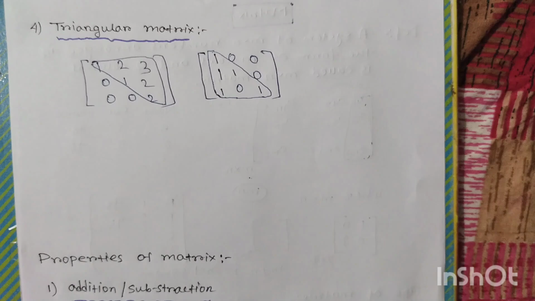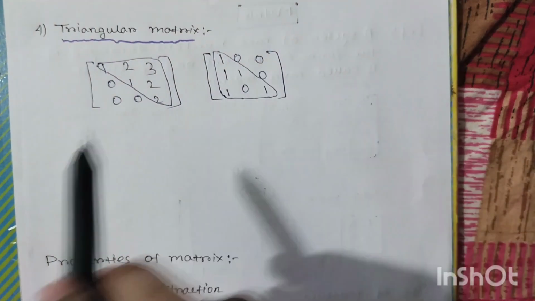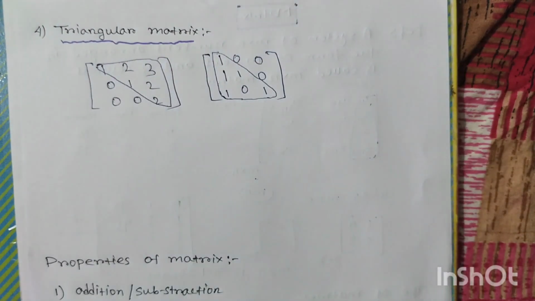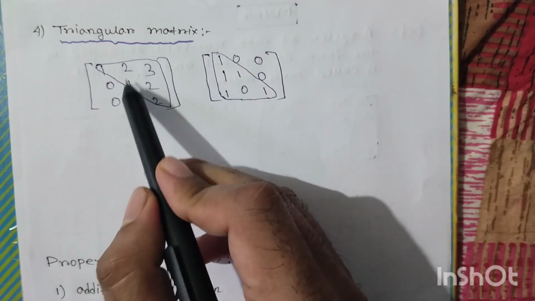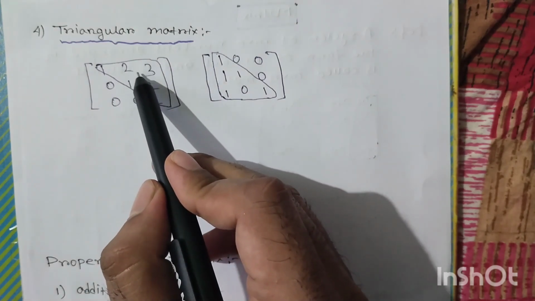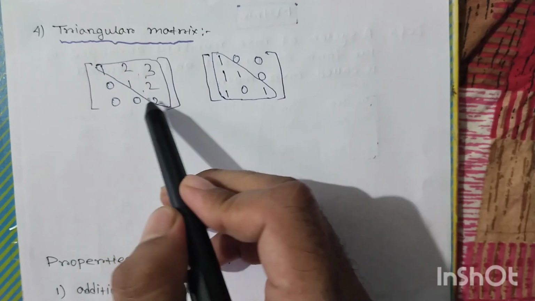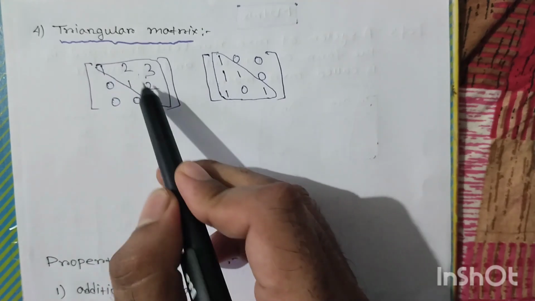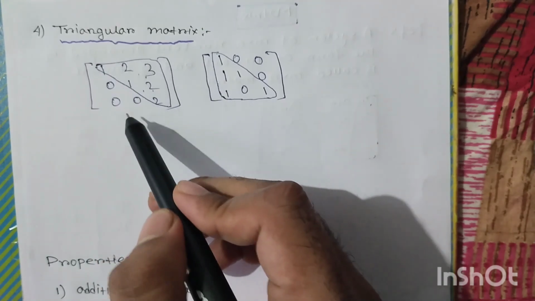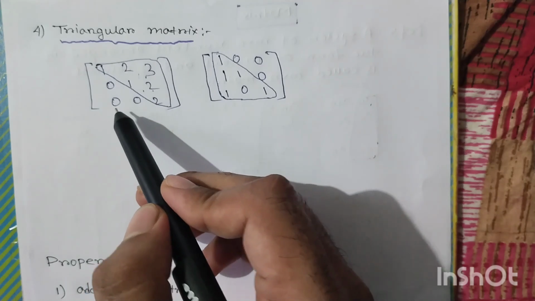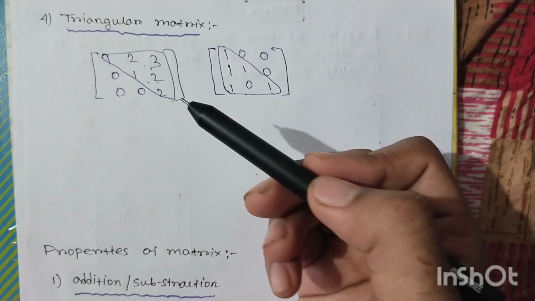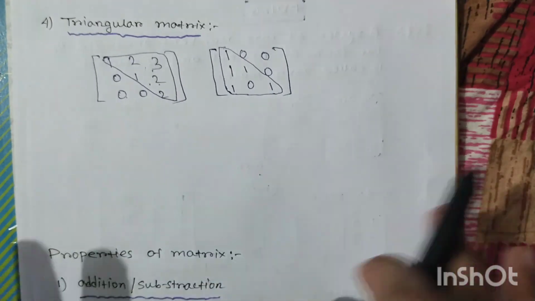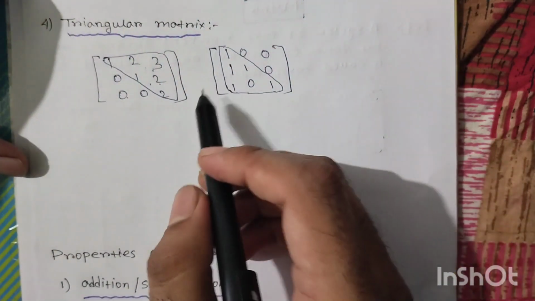The main thing is that we have no interest in the elements belonging to the triangle. Those elements may or may not be 0. We are not interested in the elements in the triangle, but the remaining elements must be 0. Okay, then we call those matrices triangular matrices.